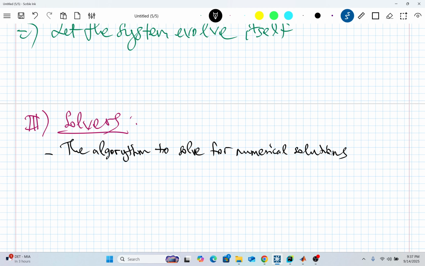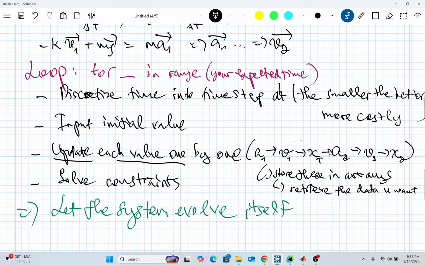Right? We know that now we won't treat it like a normal equation. We will treat it as something that a computer can handle. So we need to find an algorithm to solve the system that we want. This is just a basic example for a point mass.